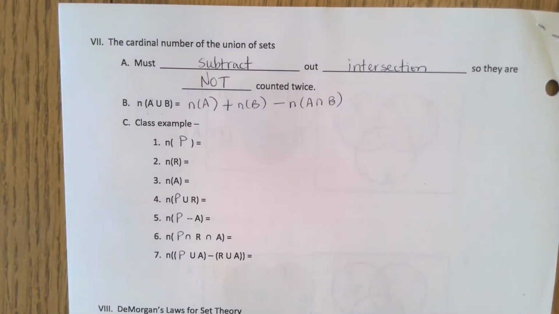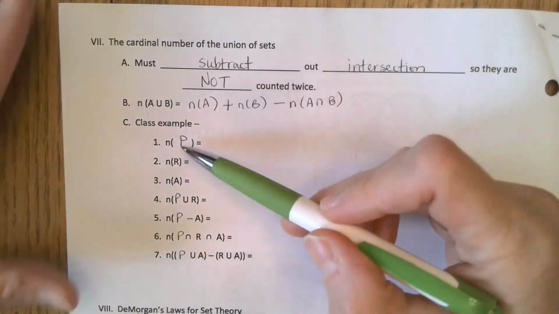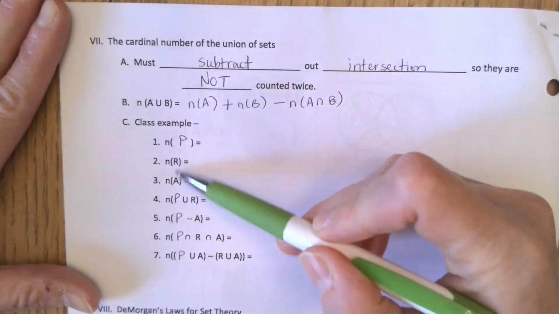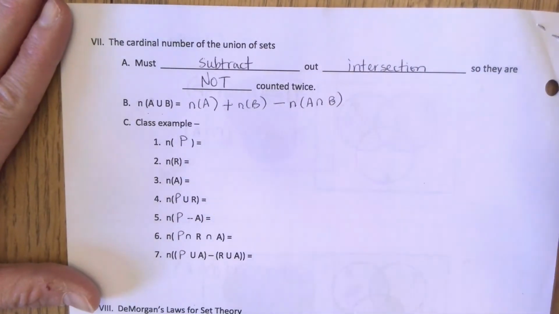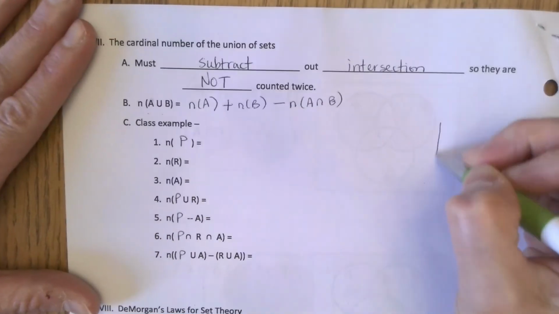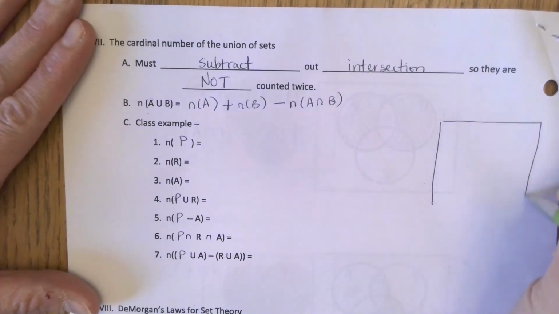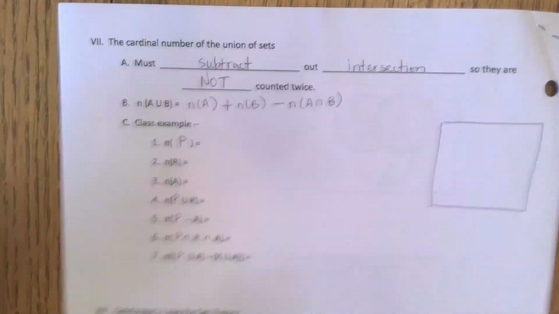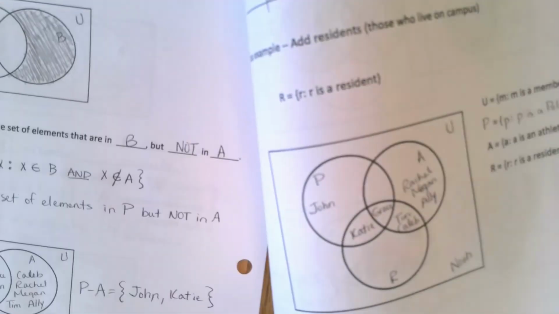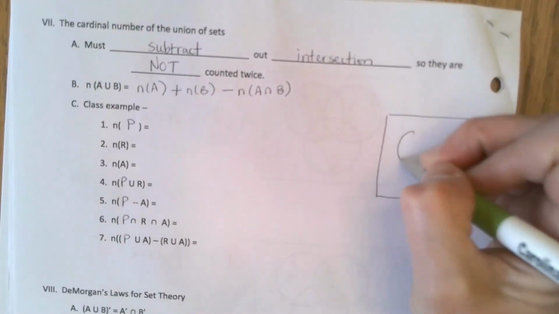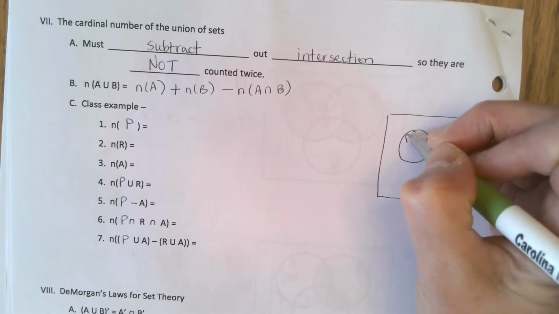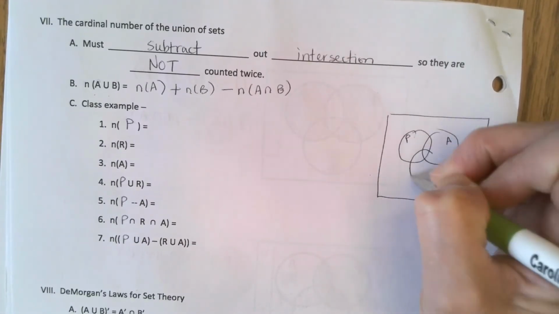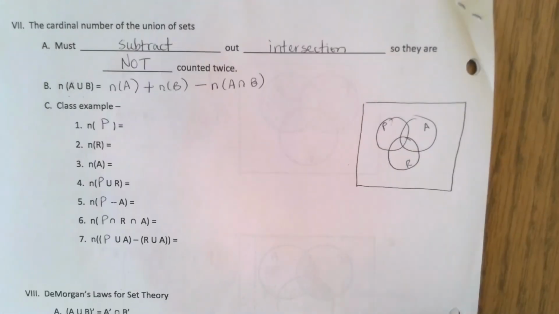So let's take a look at that class example that we had where we were looking at our poli-sci majors, our residents, and our athletes. So in that picture, let me draw that picture up here one more time for us so we can reference it. We had, okay, poli-sci was here, athlete was here, resident was down here.